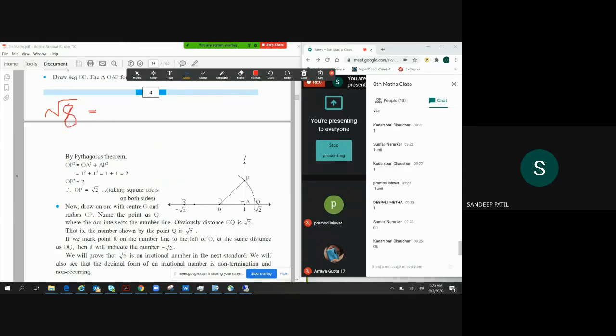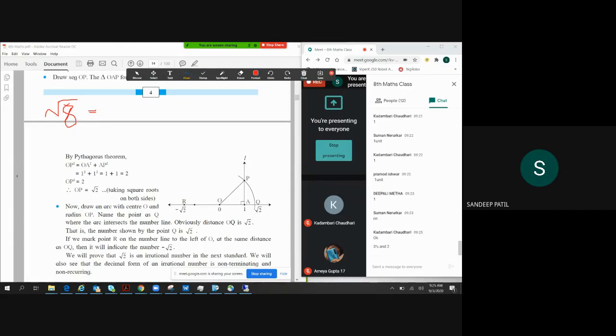So instead of that, we will go for square root of 8. If we want to do it for square root of 8, which two numbers should we consider on the number line, or what should be the unit? Can you write in the chat box? Now I have changed the number.